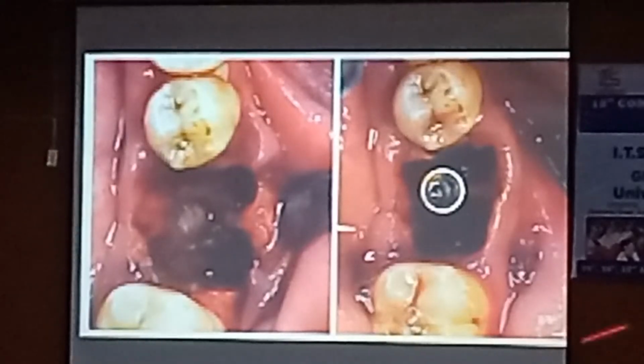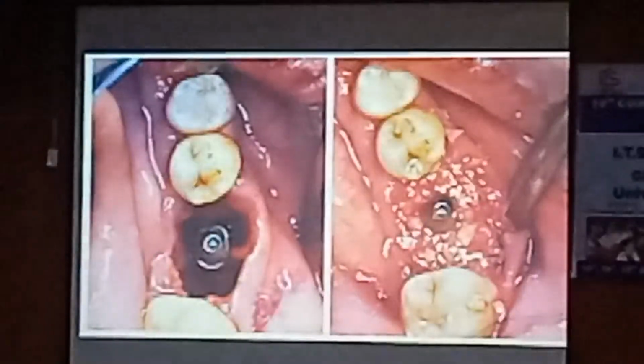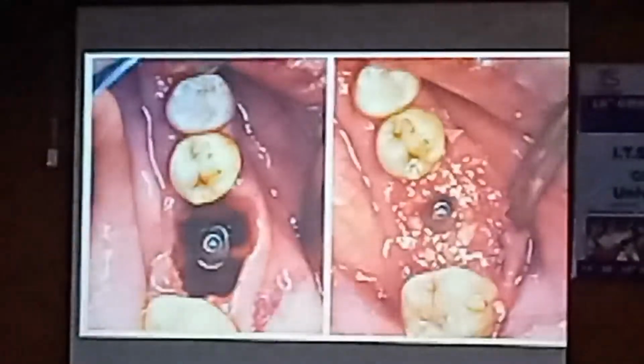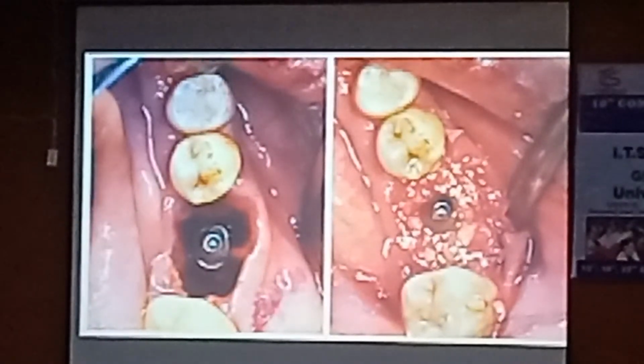Placing your implant in the interradicular bone to achieve primary stability. What is different? Now see here, a lot of bone graft we have secured around the implant, filling the jumping spaces.